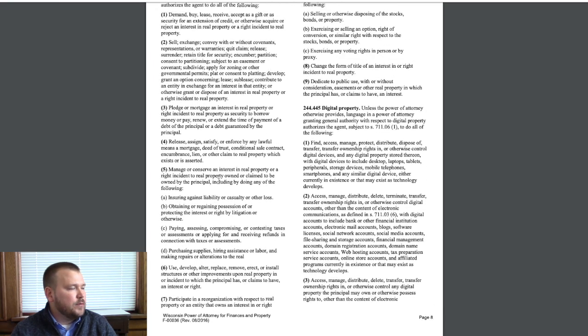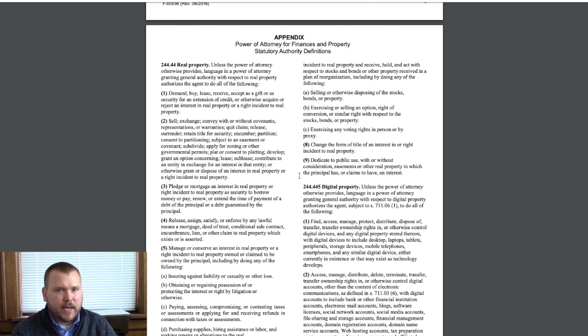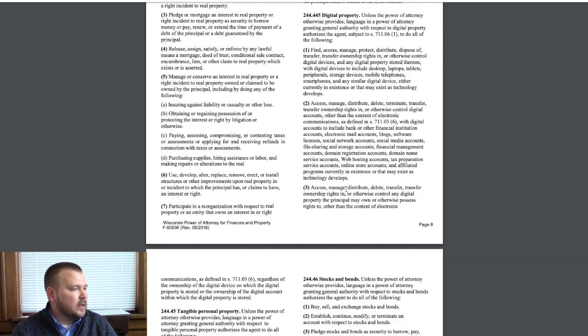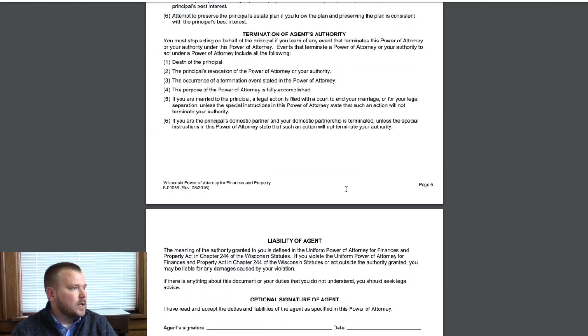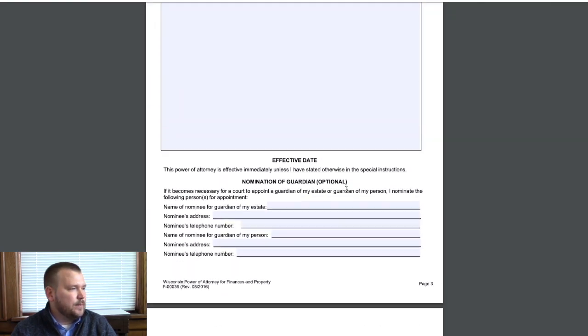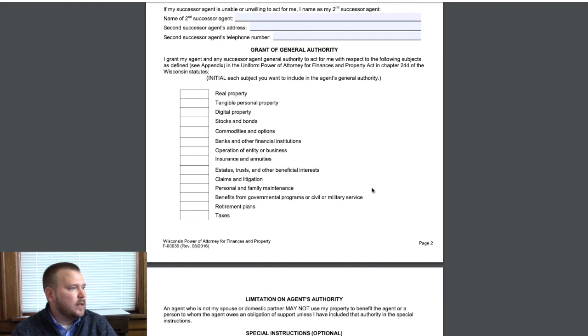So you look through here and you decide you want your agent to have the authorities that are detailed in the last 7 or 8 pages of this PDF. And if you want them to have that authority to help you out in that respect, you initial. So you initial each box you want them to have.